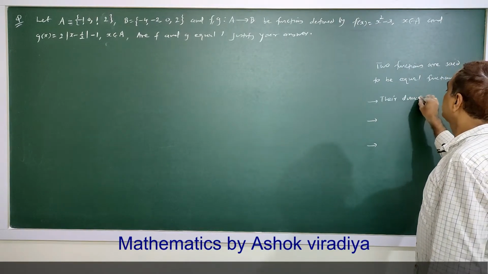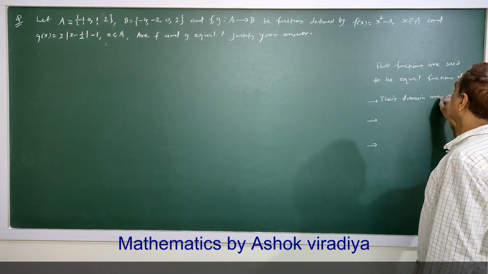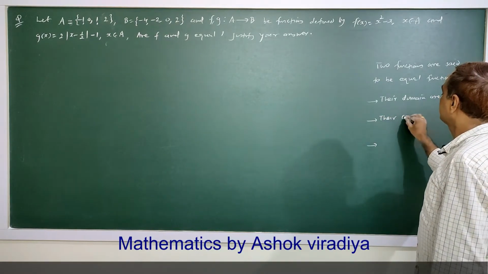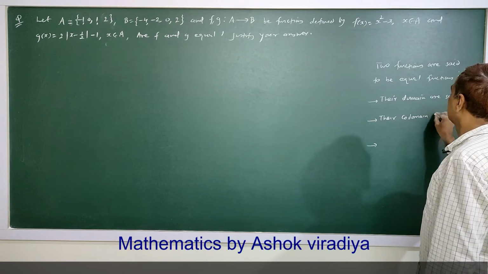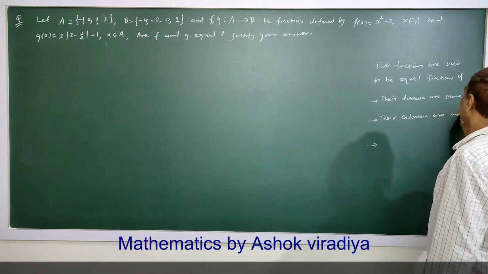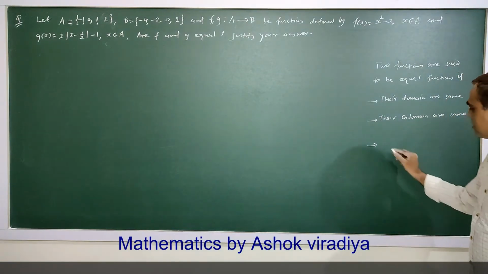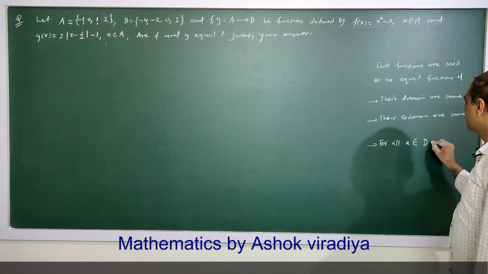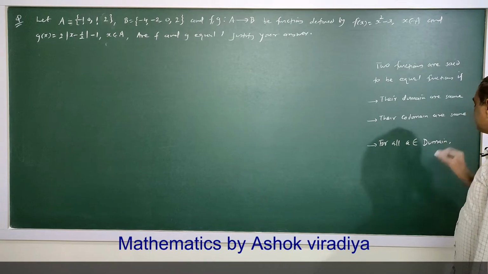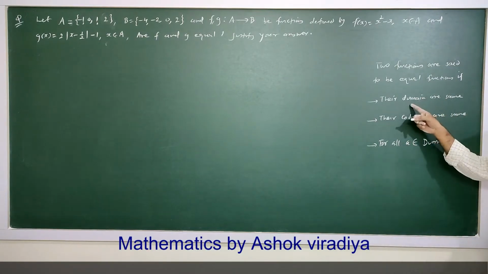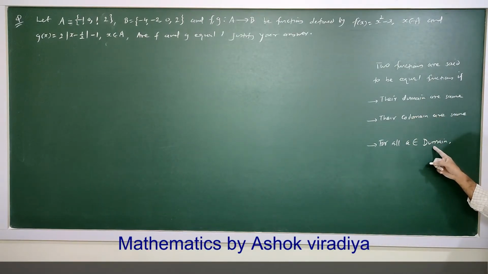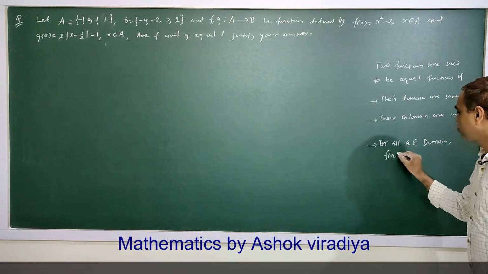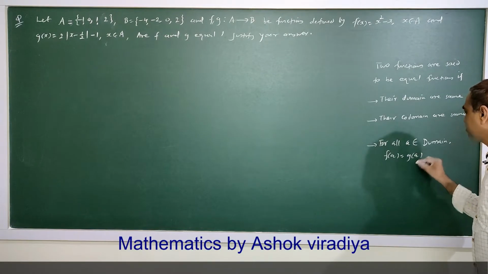Their codomains are the same. And for all a belonging to their domain, f of a is equal to g of a.